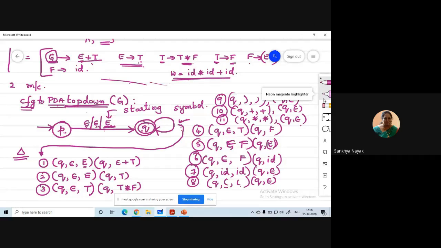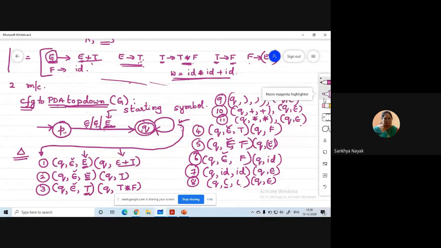Okay. After that, you can see if this is there in the stack, it will be replaced with this. Right. You can see here, input doesn't matter at all. Whenever I am pushing or replacing the content of the stack, input is not mattering. So if E is there in the stack, replace it with its right hand side, E plus T or T. Okay.